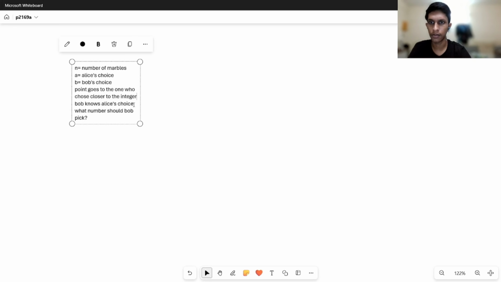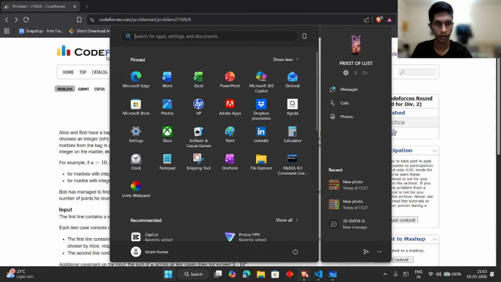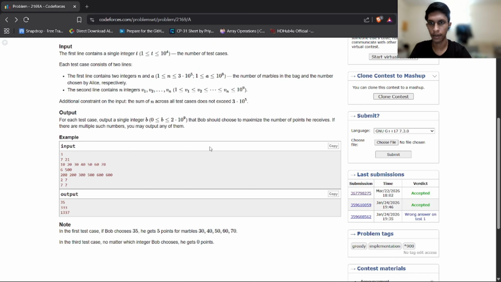Bob knows Alice's choice. This is going to be the game changer, since we already know the integer that Alice is going to choose. So we have an advantage in choosing Bob's integer. Let's see what number Bob should pick. For this, let's take the first test case here.